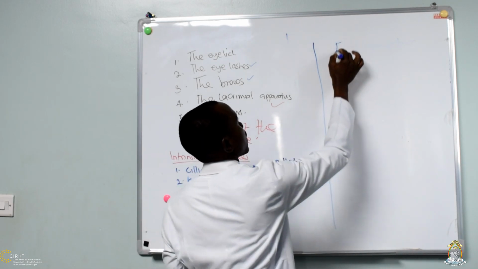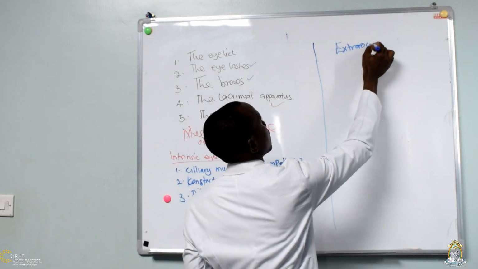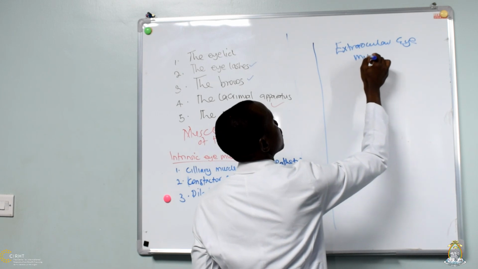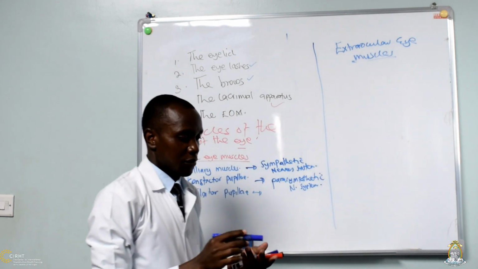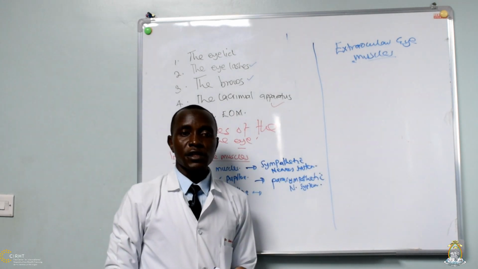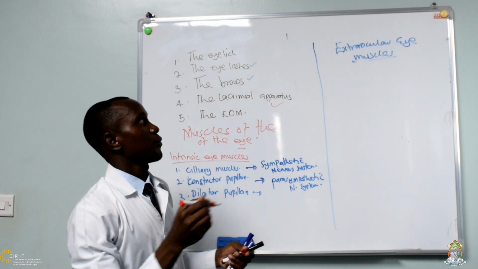So let us look at the extraocular eye muscles. We have 6 extraocular eye muscles, okay?